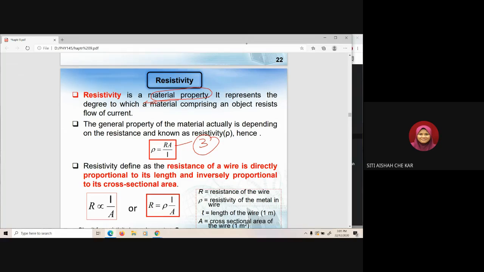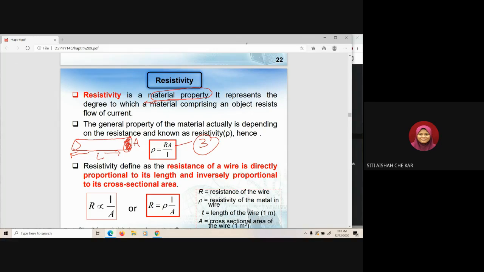So the resistivity ni, kalau wire tu lagi besar, lagi tinggilah the resistivity. Tapi kalau dia ni dia punya length, ini area luas kabel tu.